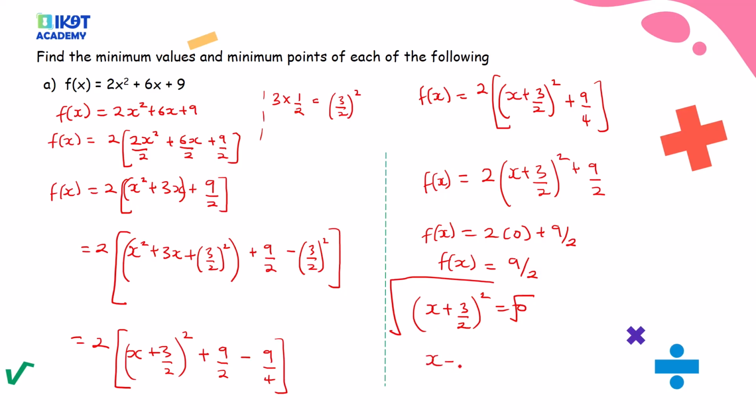We get x plus 3 out of 2 is equal to 0. x is equal to negative 3 out of 2. So we can actually form a point from this and say that it occurs at negative 3 out of 2, comma 9 out of 2. This is the x value. Then we take this as the y value. Okay, so this is the minimum point.